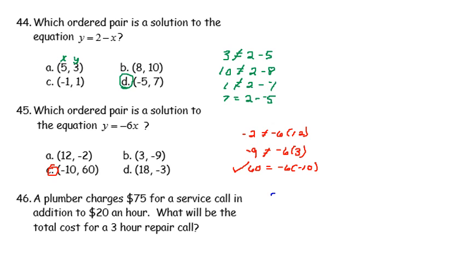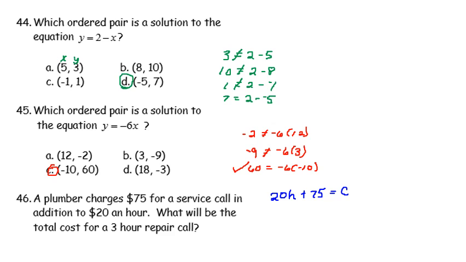So that's going to be $20 times our variable. We can use H for our variable. And then plus, they charge $75 just for the service call. Just for coming out there. And then that's going to equal your total cost. We'll put C for that. So first of all, that's your equation.